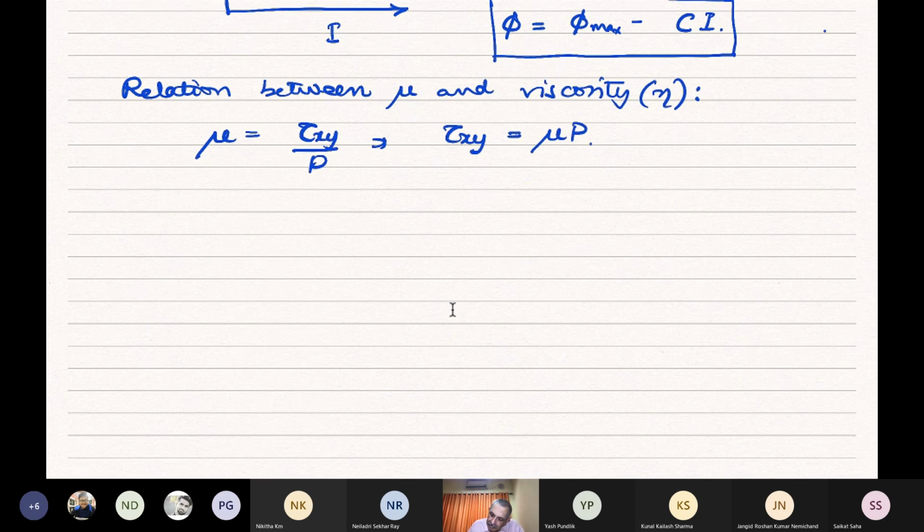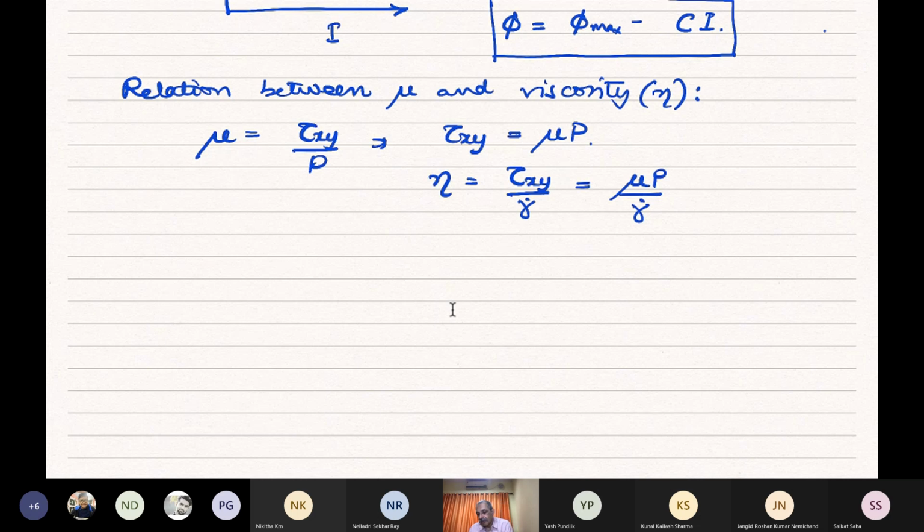And this gives us, now eta is just defined as tau xy by the shear rate. The shear stress by shear rate is called the apparent viscosity. And now if you substitute for this, this is just equal to mu p by gamma naught.